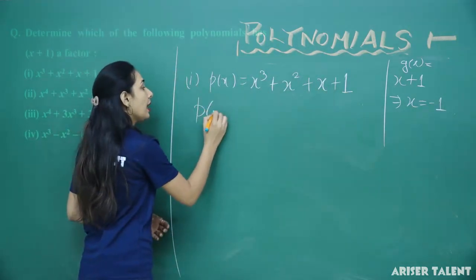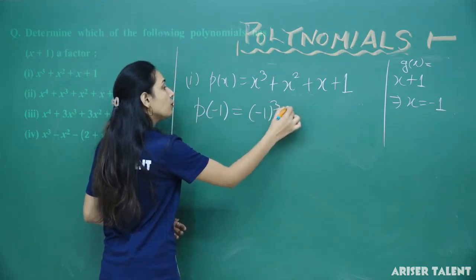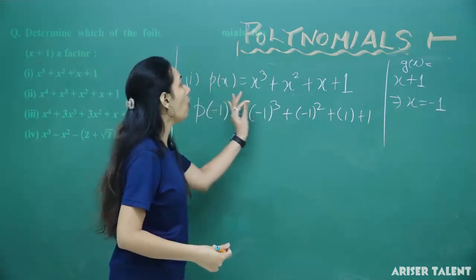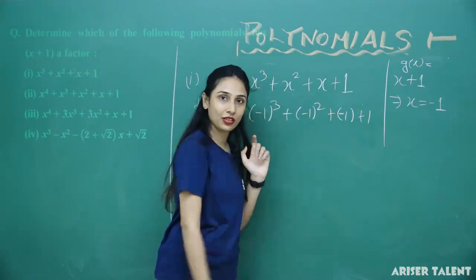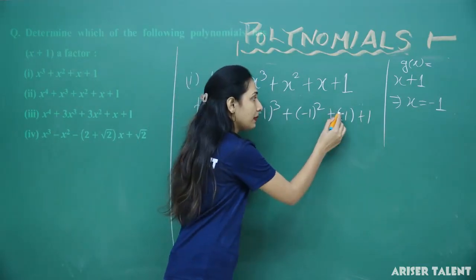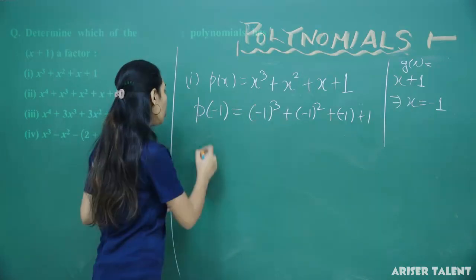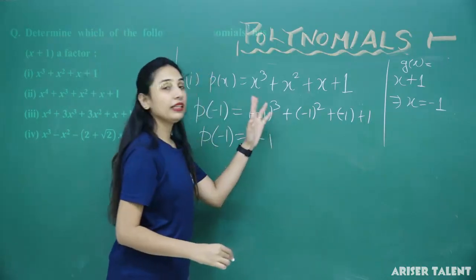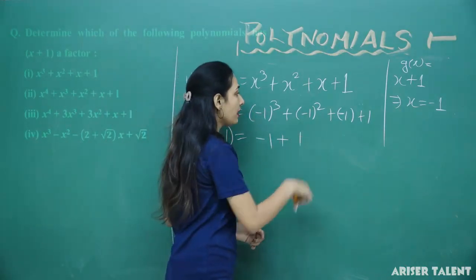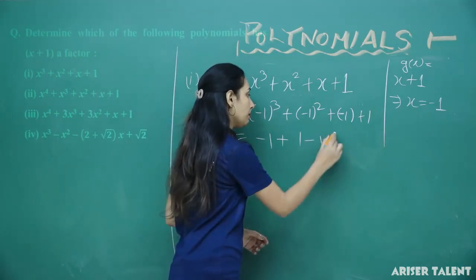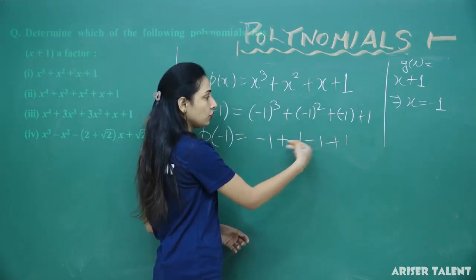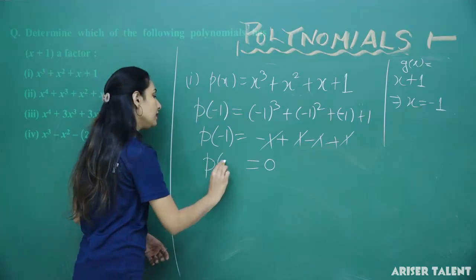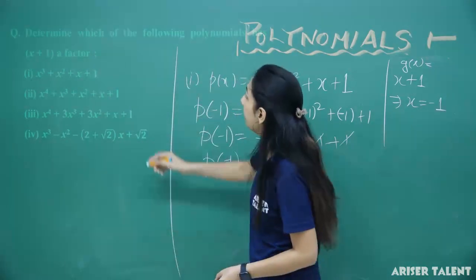So P(minus 1) will become (minus 1) cubed plus (minus 1) squared plus (minus 1) plus 1. What I have done is just replace all the x with minus 1. That should be 0. If it is 0, that is a factor. Minus 1, plus 1, minus 1, plus 1, that will cancel all and give you 0. P(minus 1) is 0. That means, yes, it is a factor.